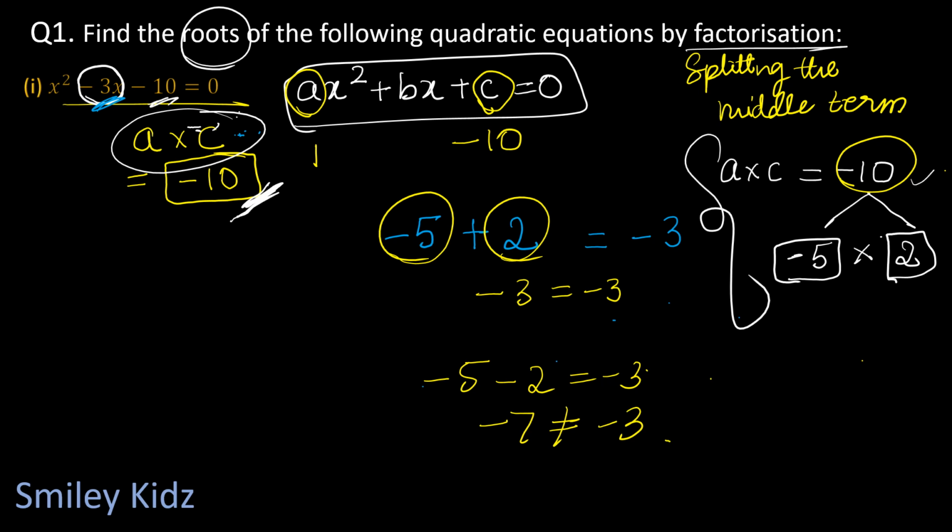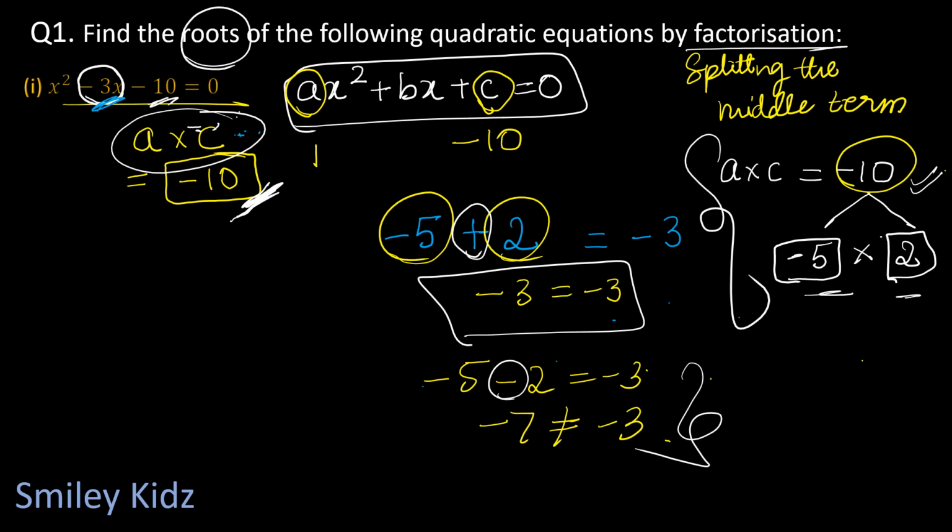Here we got minus 10, so I have acquired the factors of minus 10. And I observe that minus 5 and 2 are factors which are giving me minus 3. I have added and subtracted as well. But when I subtracted, I did not get the accurate answer. So I have taken the addition one, which is minus 5 plus 2.